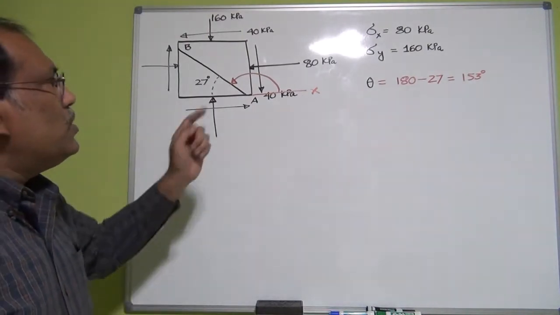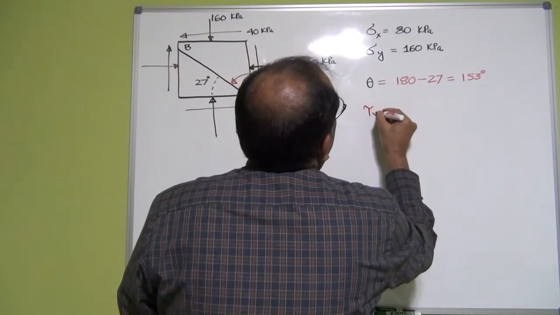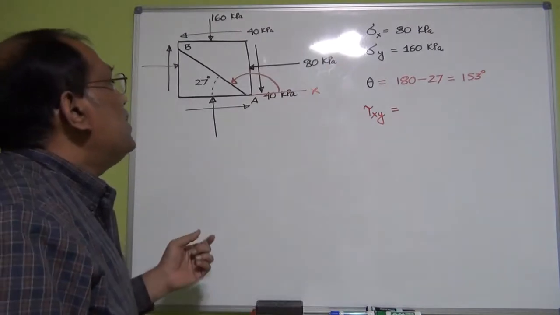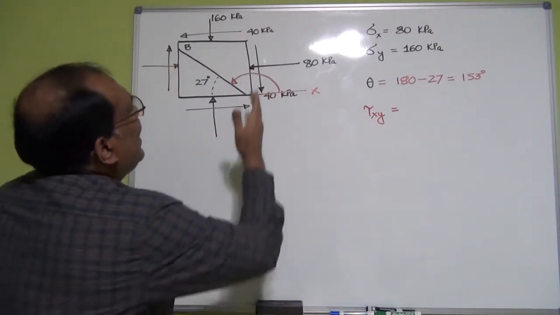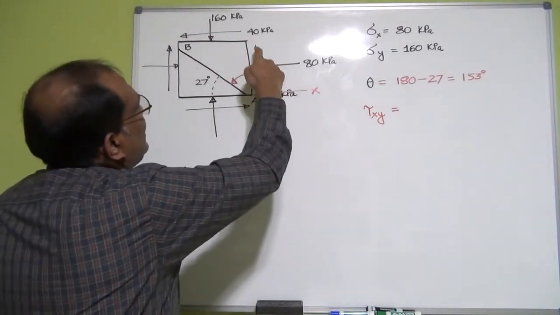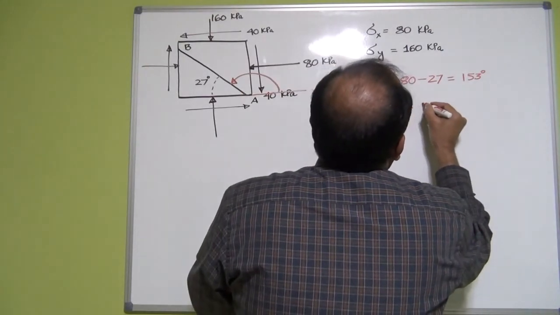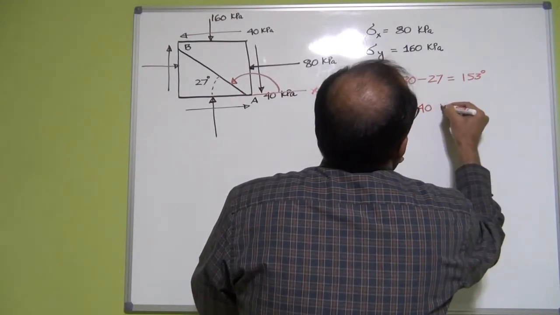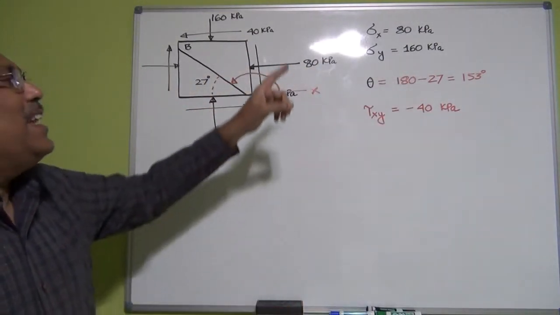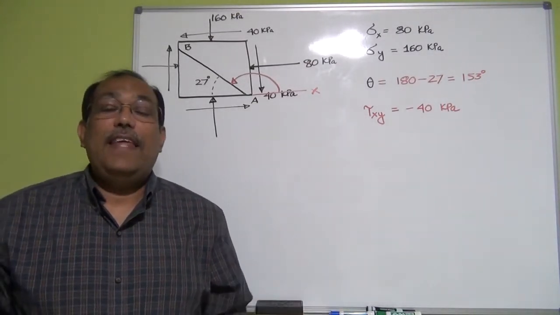Now you can also see what is my tau xy. The sign convention is that if the right side is upward, it is positive. So you can see here the right side is downward. So this one is actually minus 40 kPa. So once I get all these four inputs, then basically doing the problem is not that difficult.